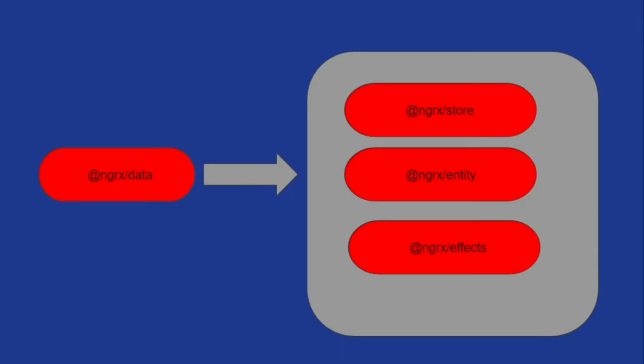I have mentioned that NgRx Data is an abstraction over NgRx store, entity, and effects. It directly depends on these libraries. So even if your application only wants to work with NgRx Data, we should install all these libraries as well.